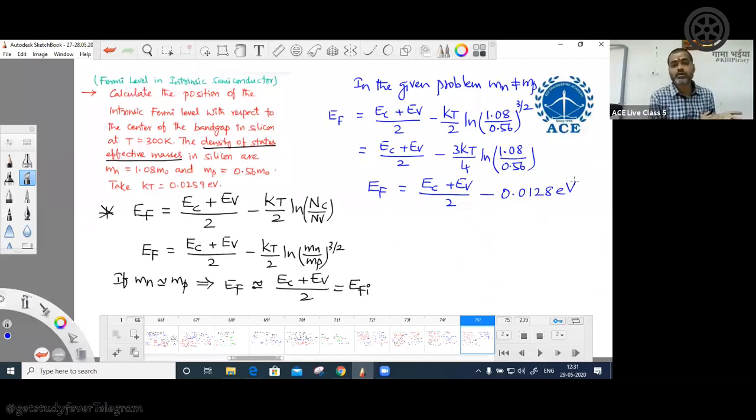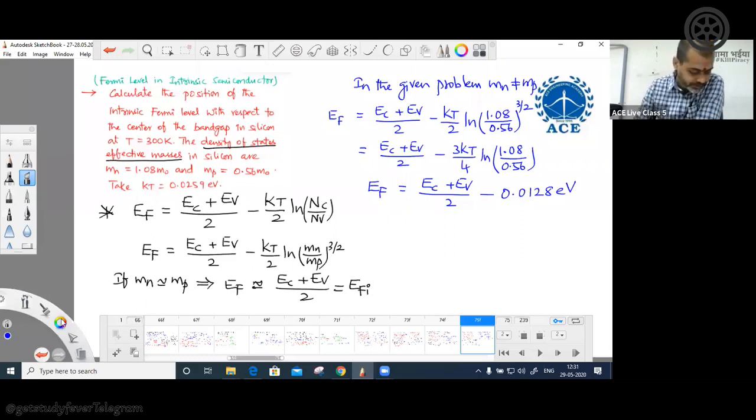0.0128 electron volts. So what is the meaning of this? Where is it going to be located now? We have taken (Ec plus Ev) by 2 as EFI, nothing but the intrinsic level when you take Mn equal to Mp, the middle of the energy gap, I can call it.